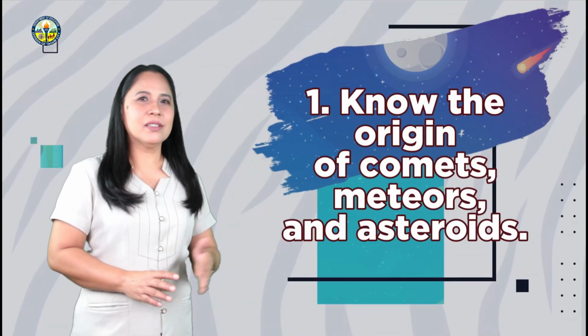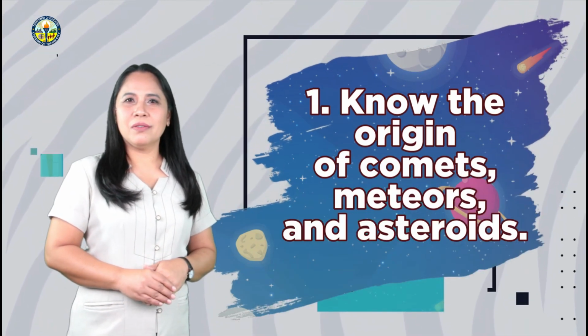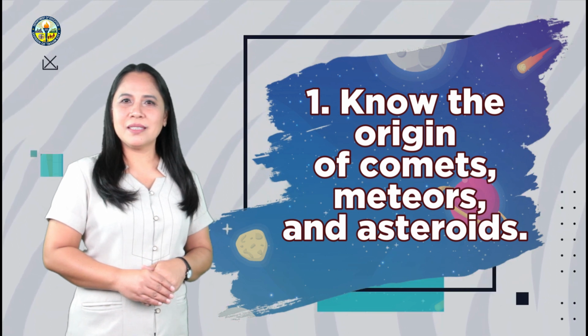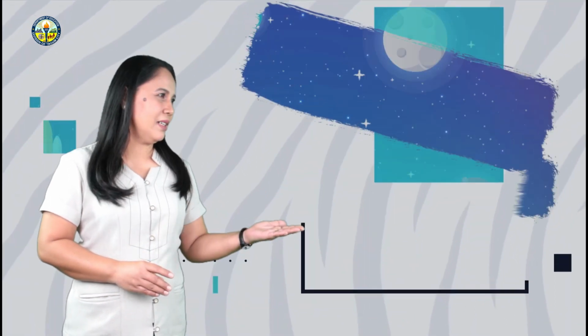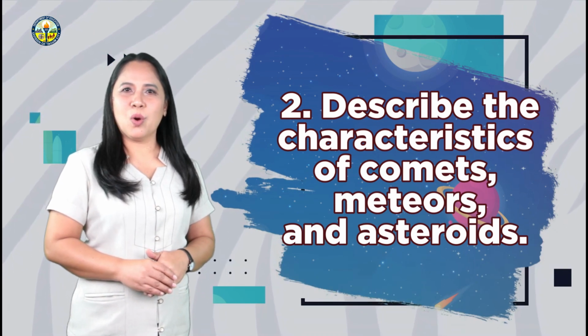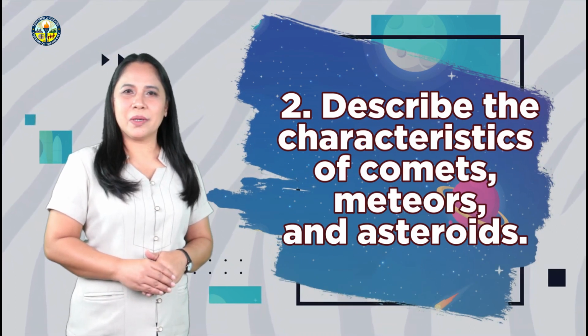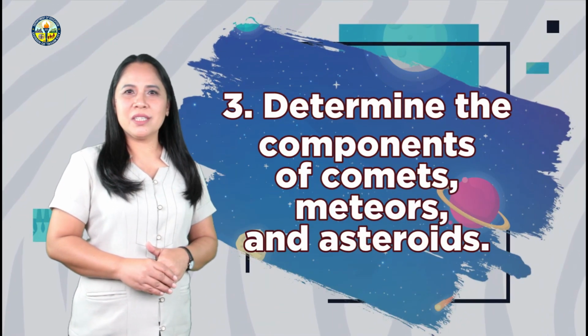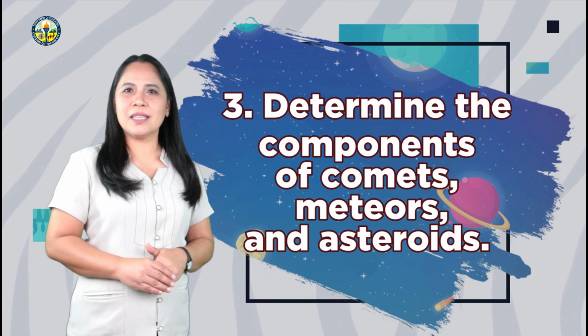Specifically, you will learn the following lesson objectives. First, know the origin of comets, meteors, and asteroids. Second, describe the characteristics of comets, meteors, and asteroids. And lastly, determine the components of comets, meteors, and asteroids.